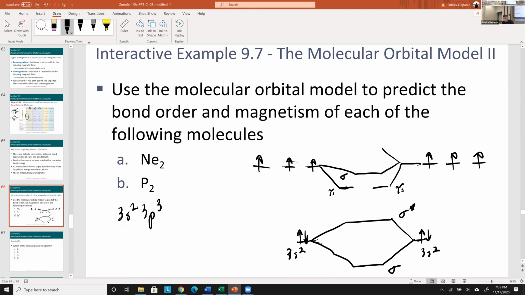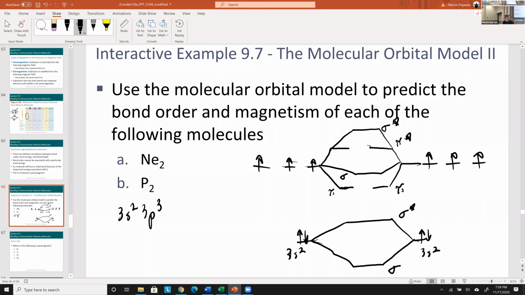Then you're going to have your pi stars, and then sigma star, which is antibonding. Okay, so that's what it would look like traditionally.